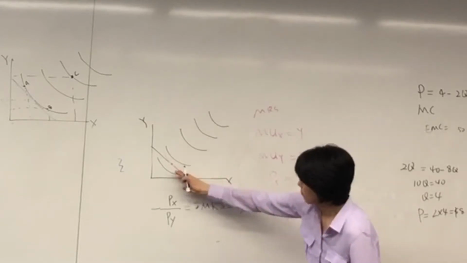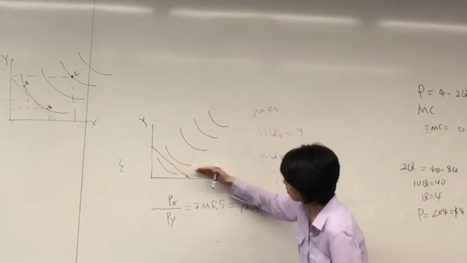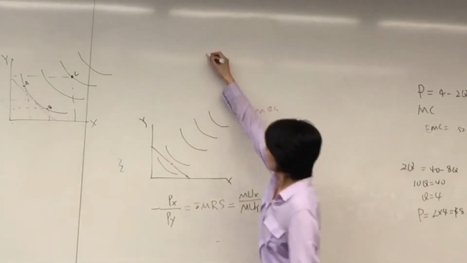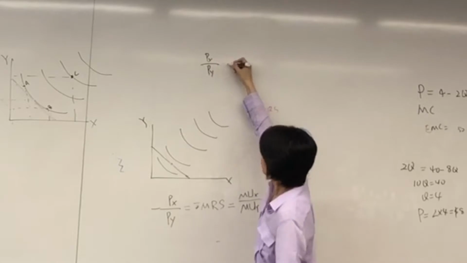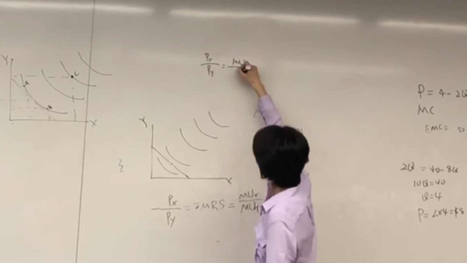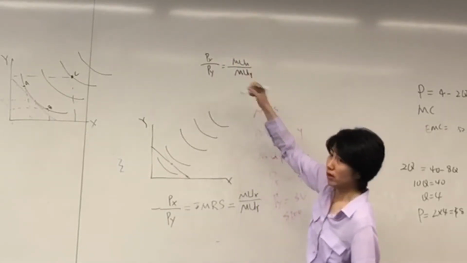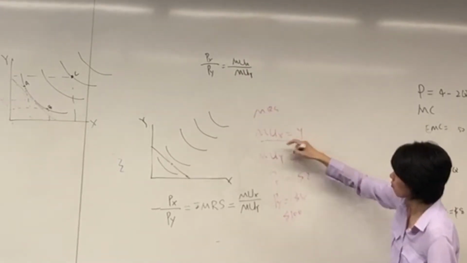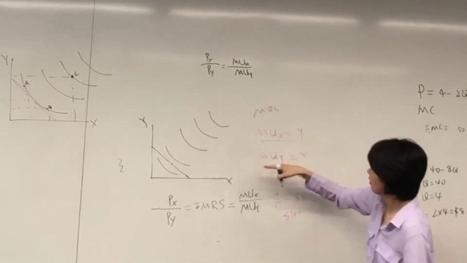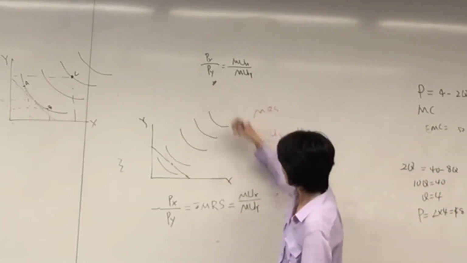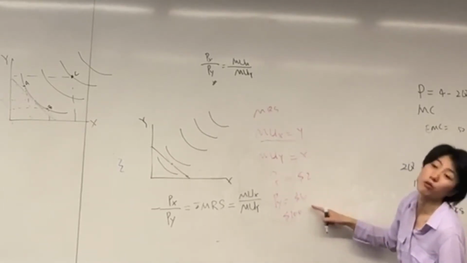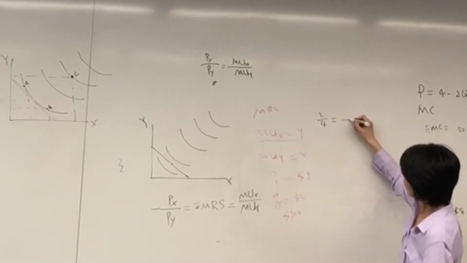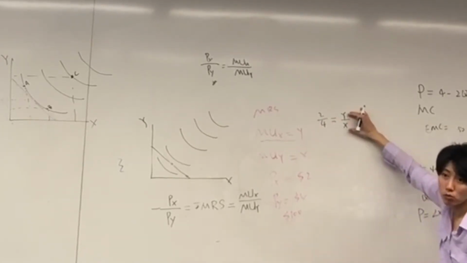Okay, just to make sure that the budget line is tangent to the indifference curve. Actually, it's Px over Py, all positive, equals MUx over MUy. In this equation, since you know the mathematical expression for the marginal utility of X and Y, that's 2 over 4 equals Y over X. So you have two unknown variables but one equation.